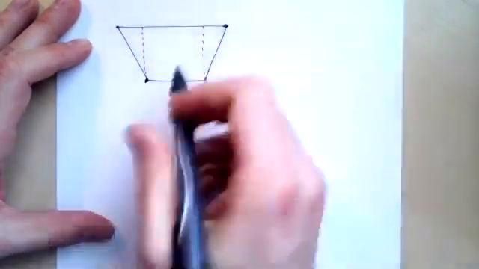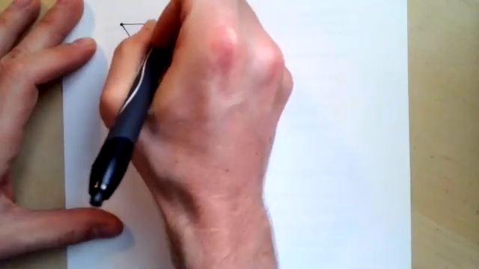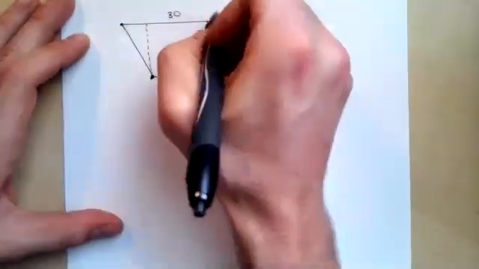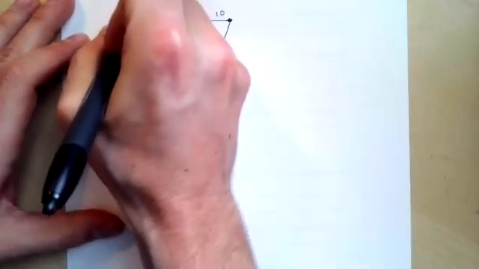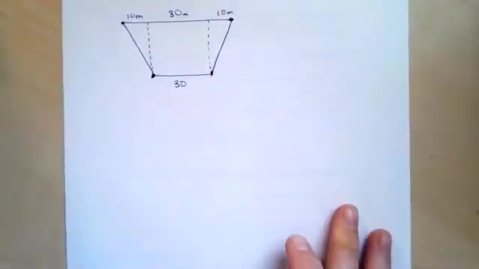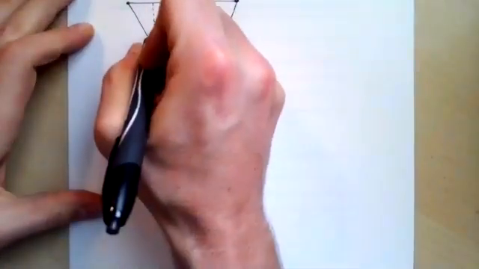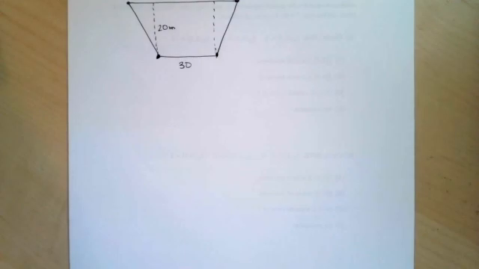Since we're doing geometry, I'm going to cut this up into ways that we can use triangles. So the top was 50 centimeters. I'm going to break it down as 10, 30, and 10 because we know that our height was 20.